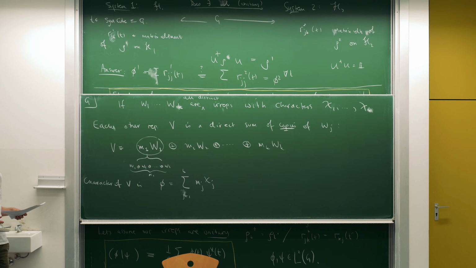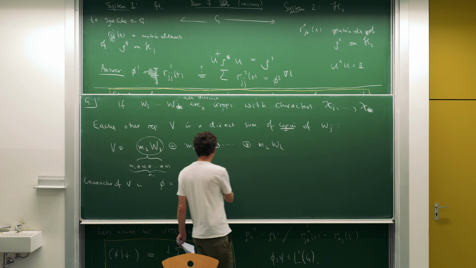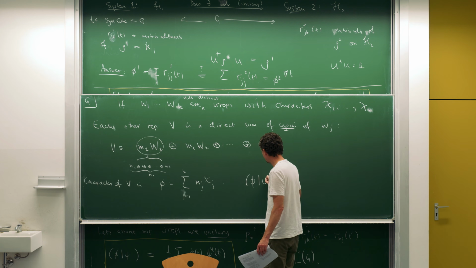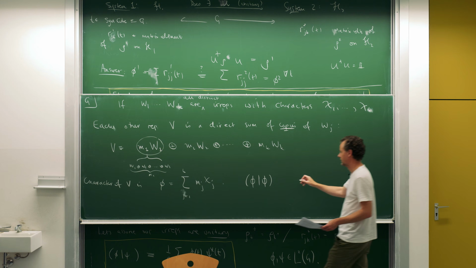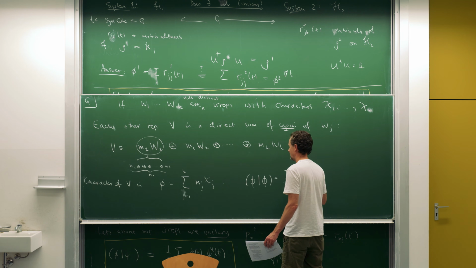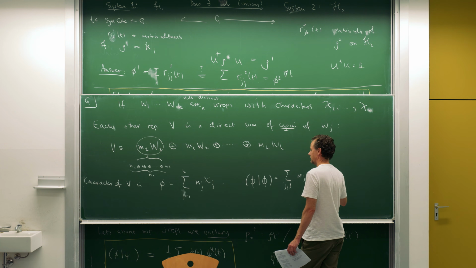The character of this representation is just the sum of the characters. Furthermore, the orthogonality relation for these characters tells us this result.